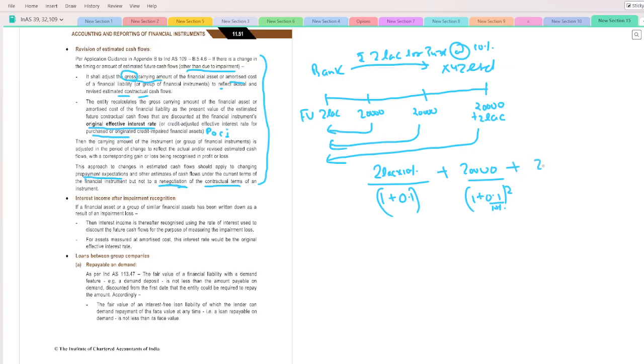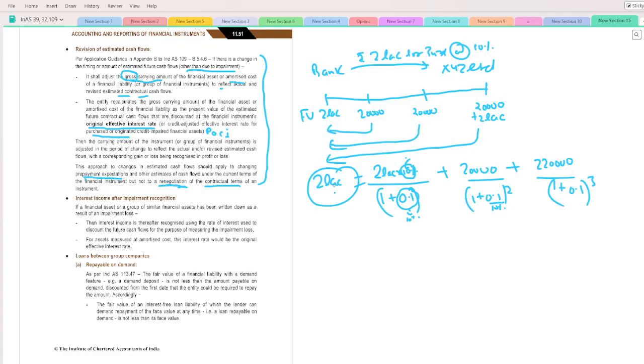Plus 2 lakh 20,000 divided by 1 plus 0.1 cubed. Here in the numerator your coupon rate is 10% and your discounting rate is also 10%. If both are the same, obviously your fair value will be the par amount, that is 2 lakh. You can cross check this yourself. But if your coupon rate and the discount rate are different, then the fair value will not be the par amount.